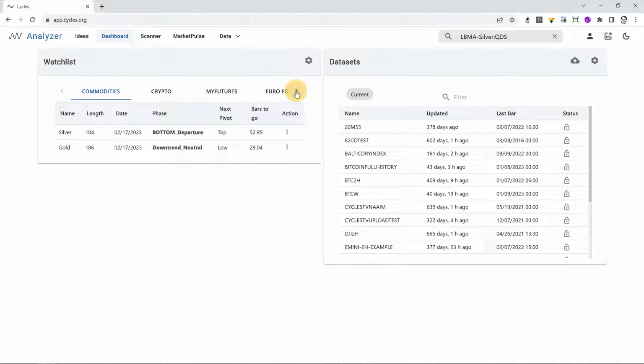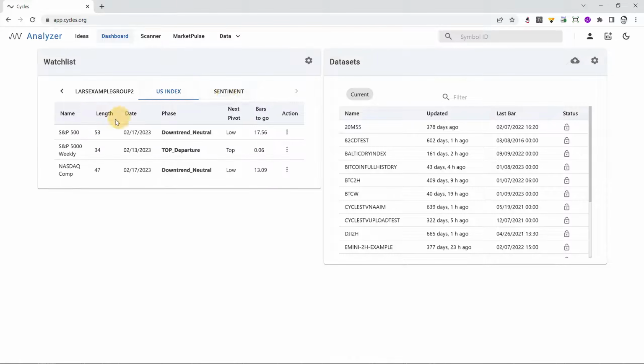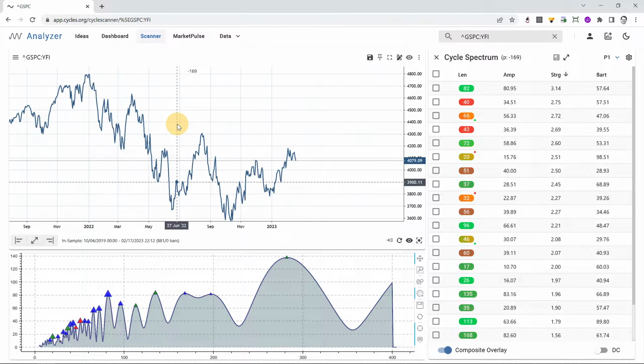Today, as said, is more about how to use this spectrum analysis. I'm just picking the S&P as the basic example.